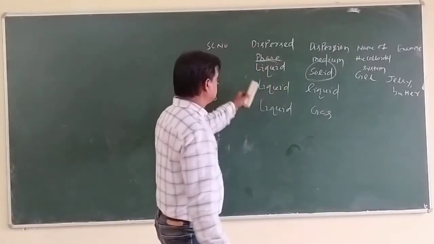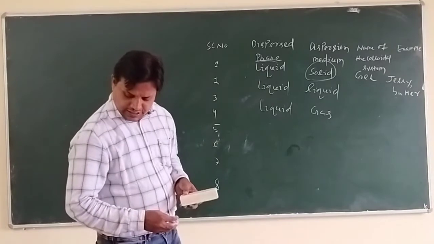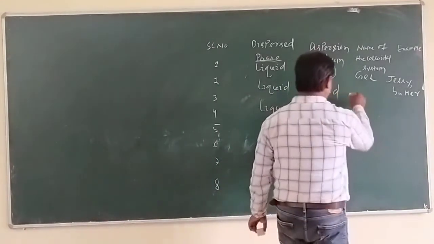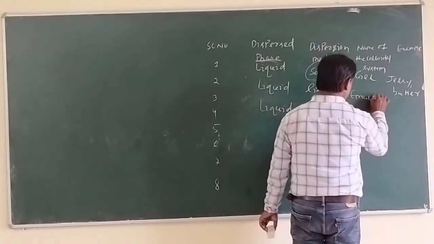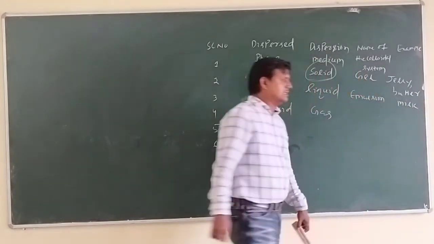If the dispersed phase is liquid and the dispersion medium is liquid, it is called emulsion. Example is milk.